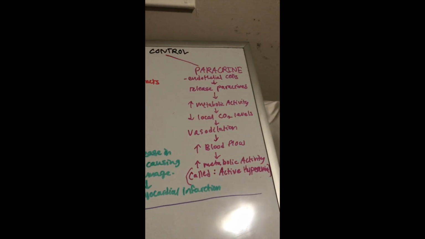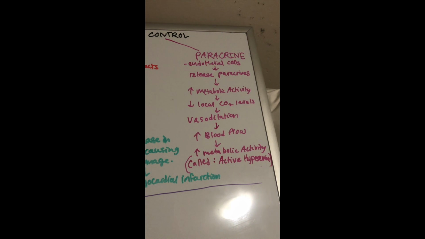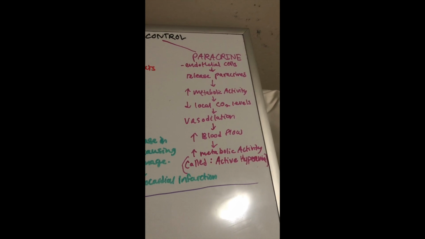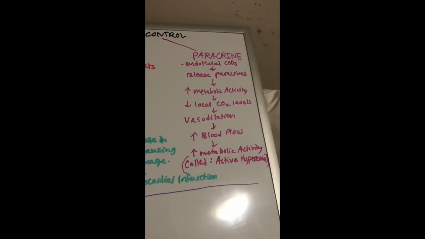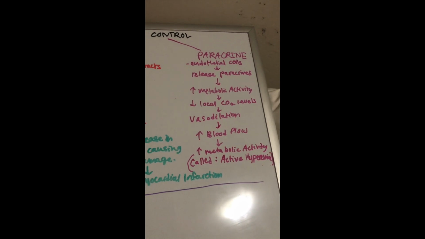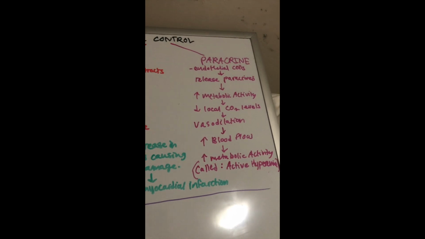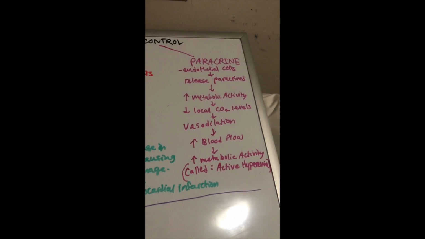With paracrine, however, endothelial cells are what we're really working with, and these release paracrines, and then the increased paracrine release then increases metabolic activity, and this increased metabolic activity decreases local CO2 levels.